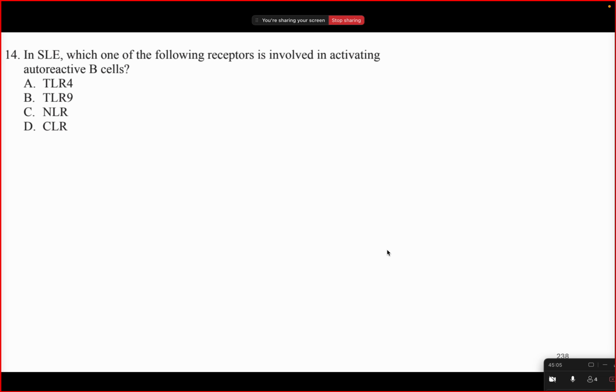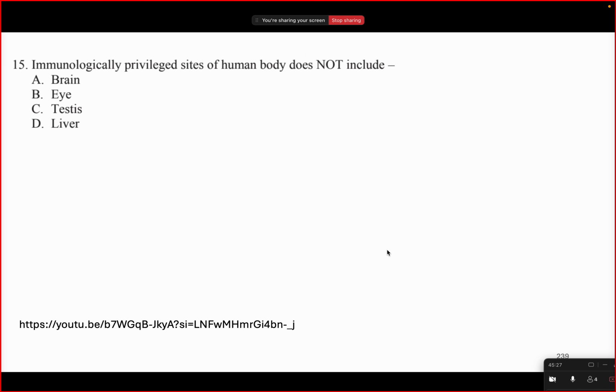In SLE, which one of the following receptors involved in activating autoreactive B cells is TLR4, TLR9, NLR, or CLR? It's TLR9. So if you go back to that visual aid, this question will be clear.